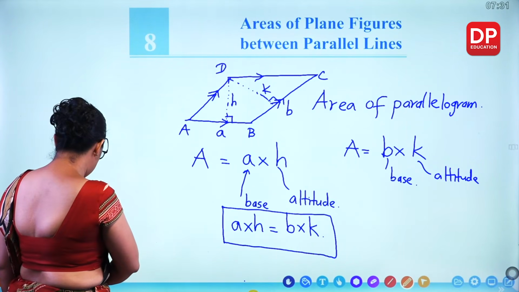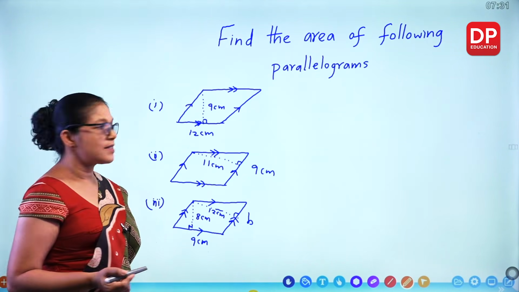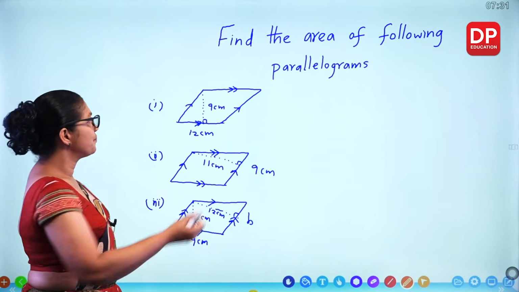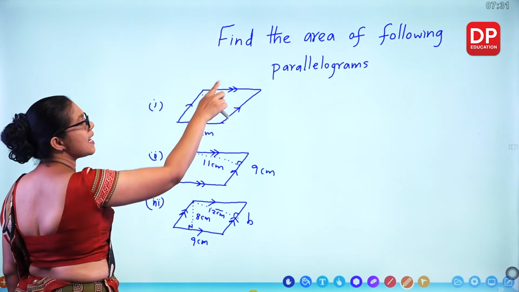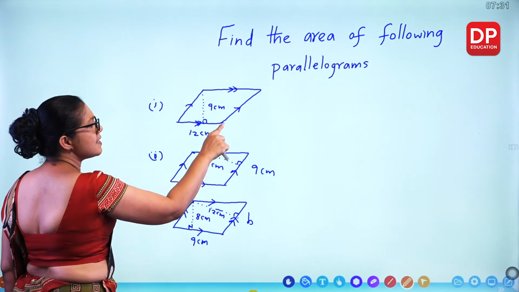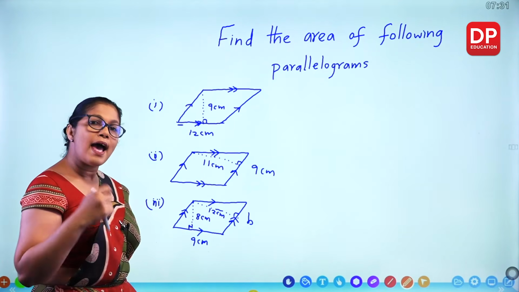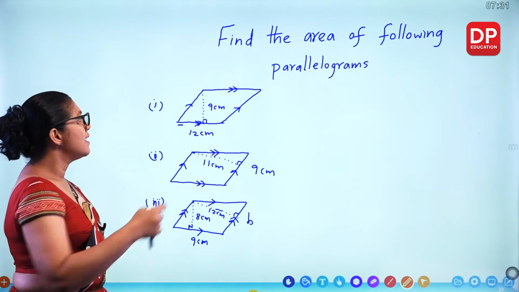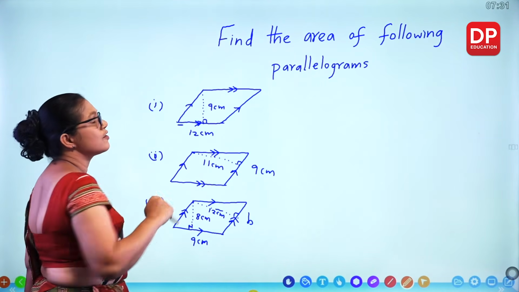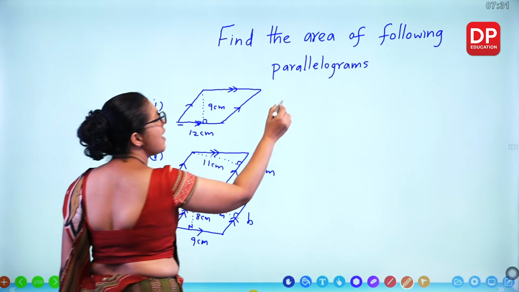Now we'll look at some examples to find the area of a parallelogram. This is a parallelogram because opposite sides are parallel. What is given? This is the base. Base length is 12 and the perpendicular height is 9. So how can we find the area?